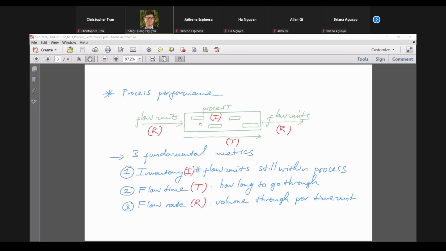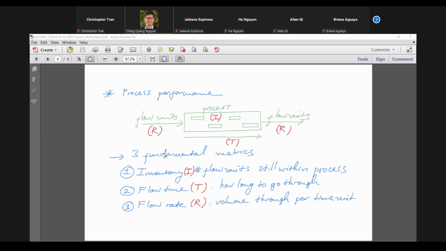The flow time is how long it takes for one unit to go from the beginning to the end. And the flow rate is how many units go through per time unit, per minute, per hour, per week, per month, per year, something like that. So for any process, we can measure these three fundamental metrics.